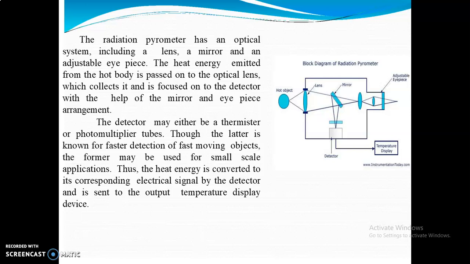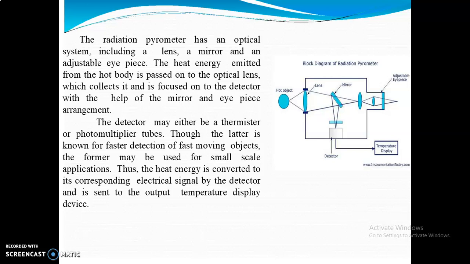That is the equation based on Stefan-Boltzmann. In this expression, E is called the coefficient of emissivity, T1 is the absolute temperature of the hot body, and T2 is the surrounding temperature.